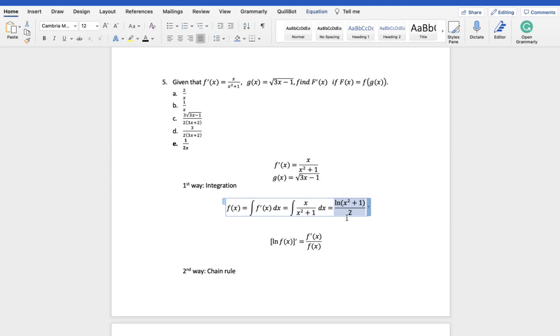And then since we already have f of x now, we can substitute g of x into it, right? We substitute g of x into it.